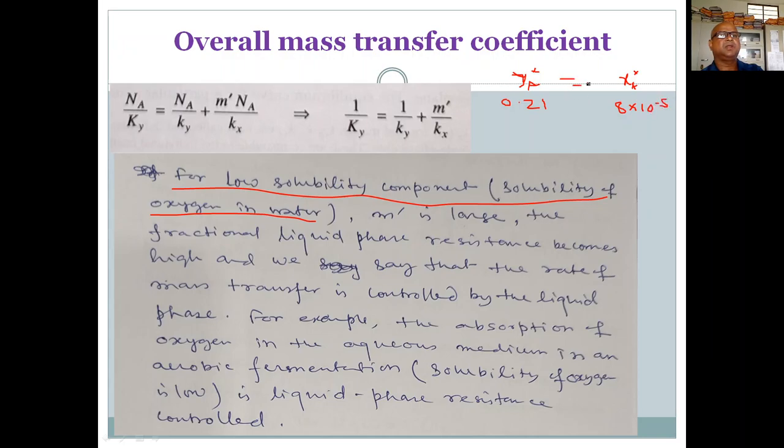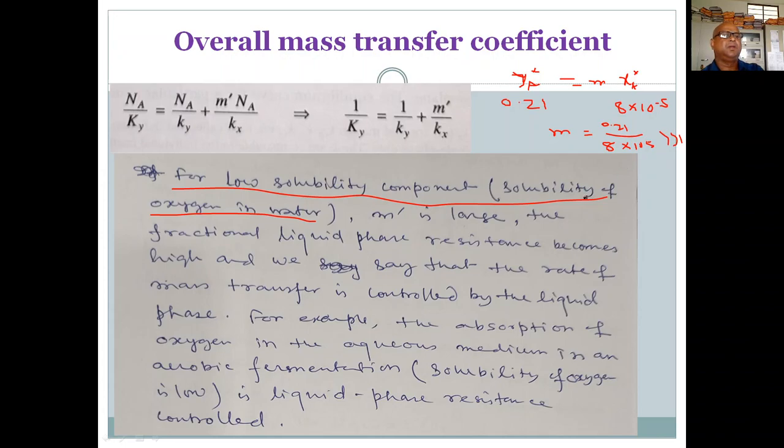So you understand, m will be 0.21 by 8 into 10 to the power minus 5. A high number, much greater than 1.